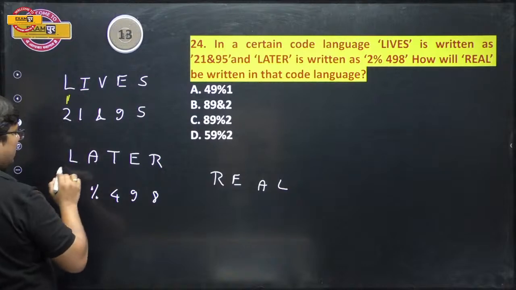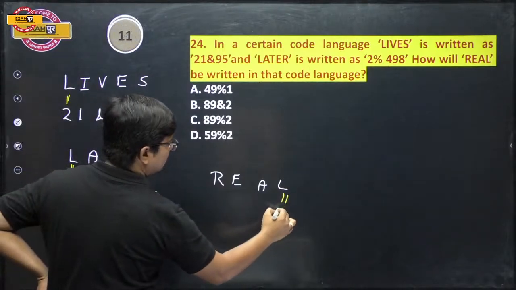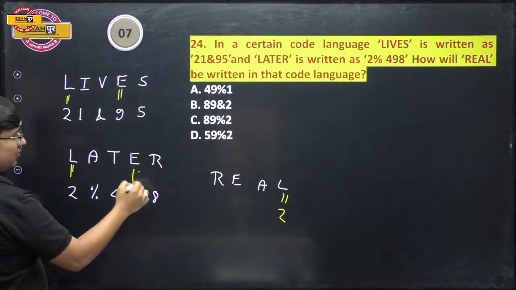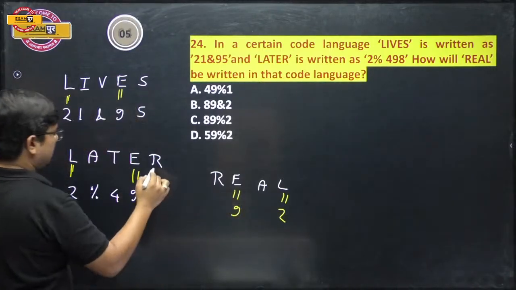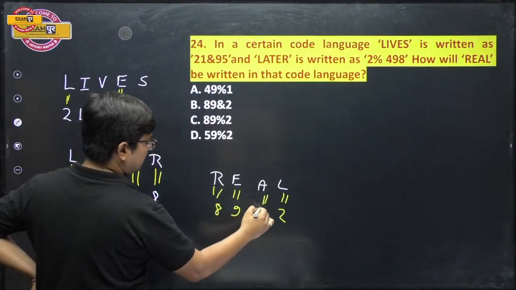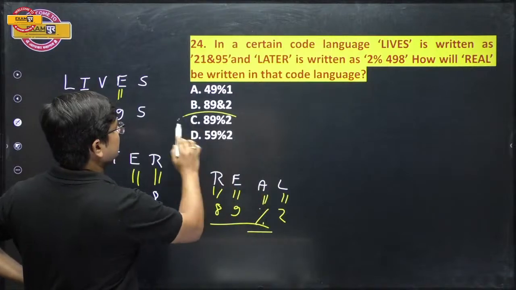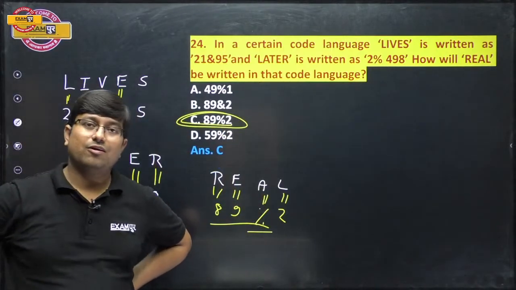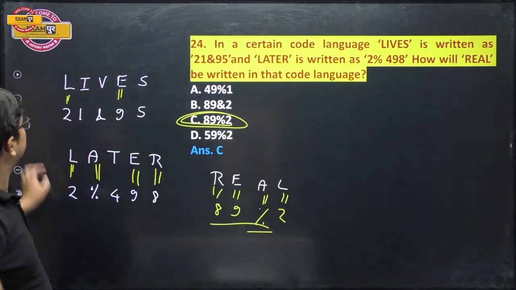L is coded as 2 here, so L will be coded as 2 here also. Further, E is coded as 9, so E is coded as 9. R will be now coded as direct coding 8. A will be coded as percentage. So 8, 9, percentage, 2. Option number C is the right answer.